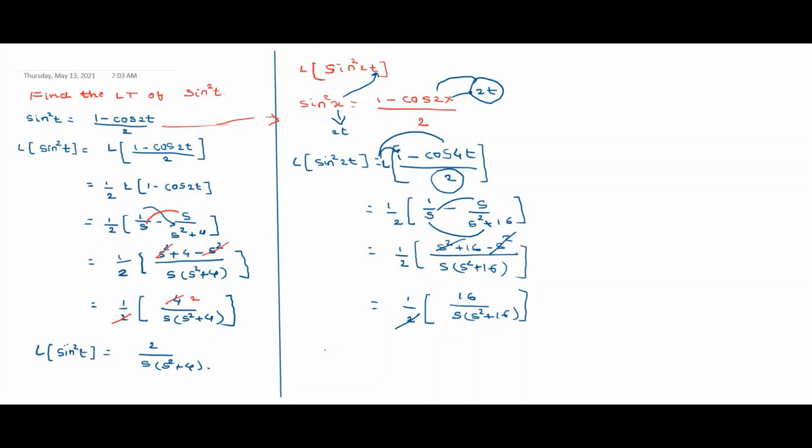Again the 2 and 8 simplify, so in total you get 8 divided by s into bracket s square plus 16, which is the required solution for sine square 2t.